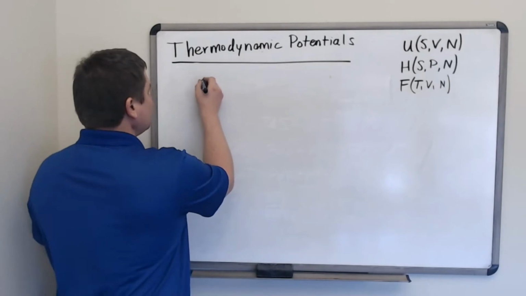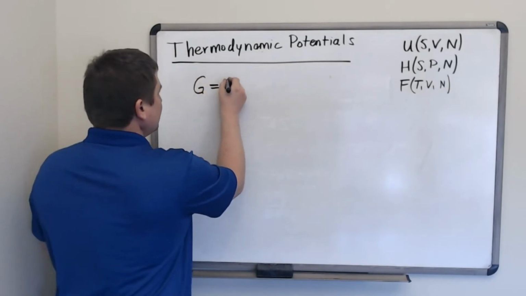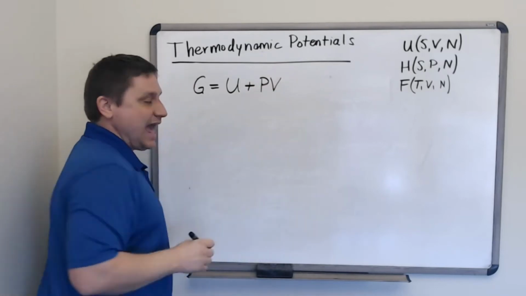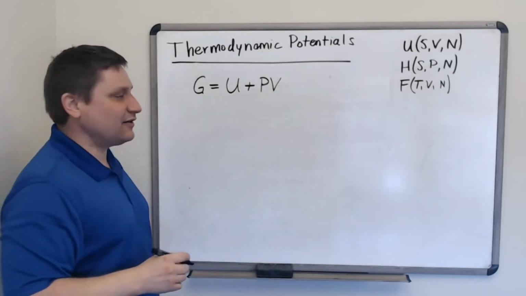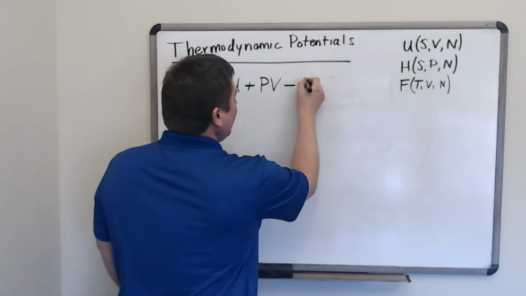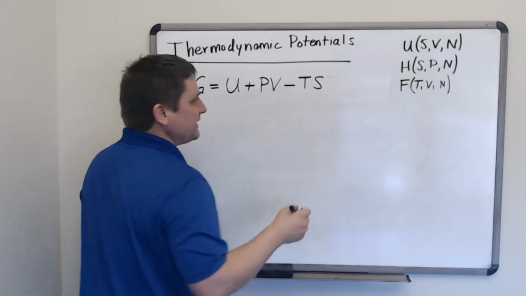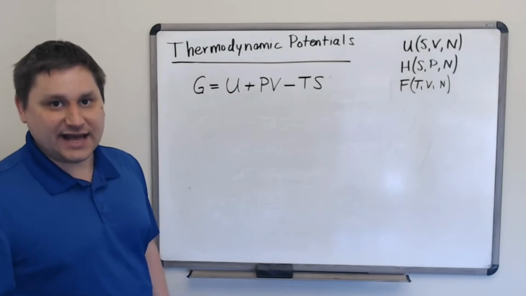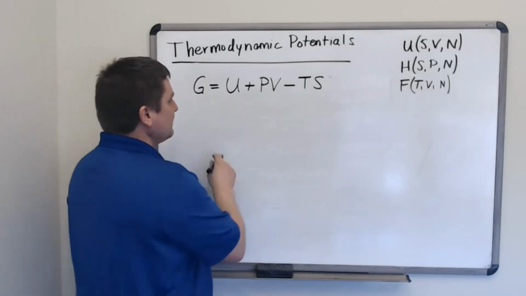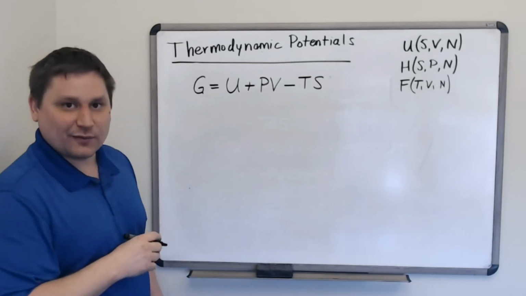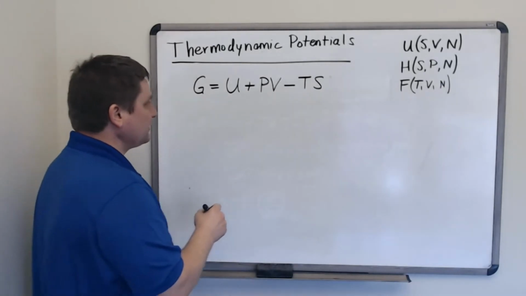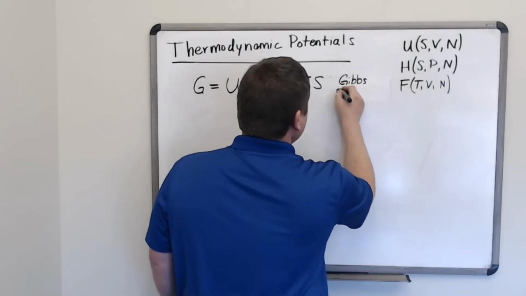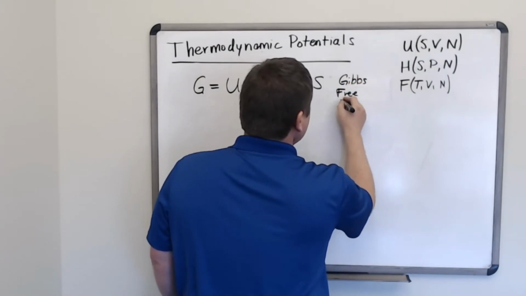So to do that, we have to first do what we did for the enthalpy: add PV to the internal energy. And also do what we did for the Helmholtz free energy: subtract TS. This is another thermodynamic potential. It's called the Gibbs free energy.